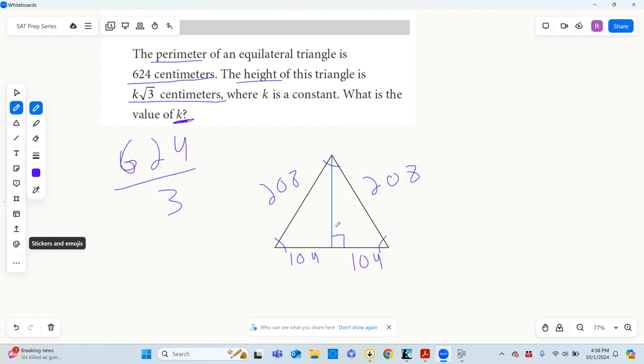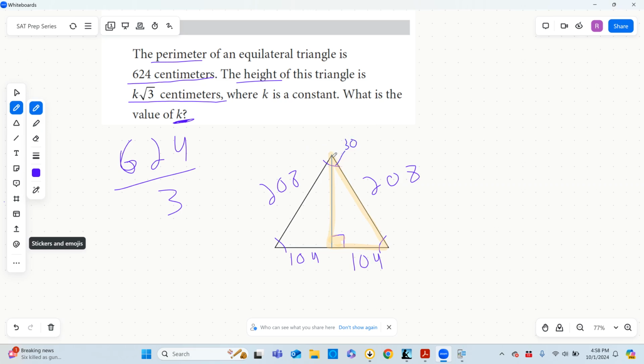So what kind of triangle is this? This is 90 degrees down here. If I'm just going to look at this triangle here, this angle in here has to be 30, right?